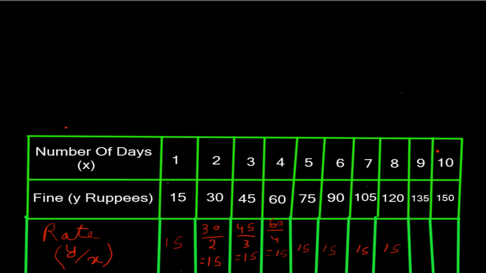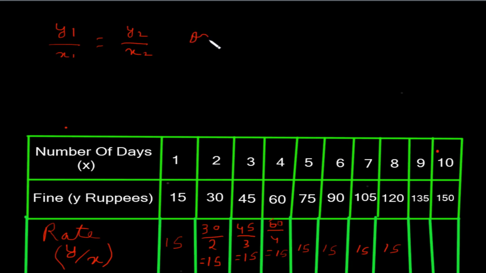Thus, to conclude, if y is directly proportional to x, then y sub 1 divided by x sub 1 is equal to y sub 2 divided by x sub 2. This is the rate.